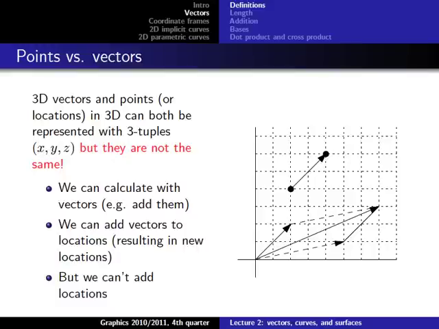In a lot of situations it's clear from the context whether you mean a vector or a location, or it's sometimes not even necessary to make the distinction. But there are situations in graphics where it is important to distinguish between them, for example when we calculate with them, because we want to use vectors to describe or manipulate objects.